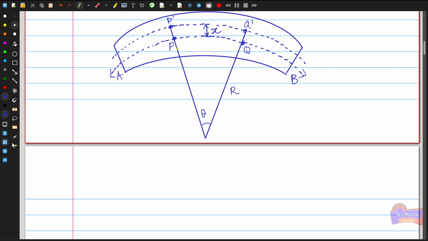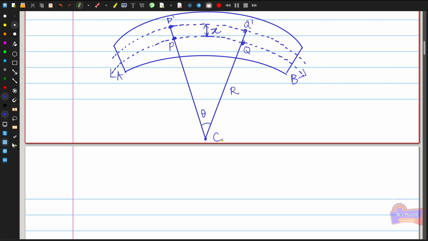Okay, so we are going to consider two points, P and Q, in the neutral axis. R is the radius of curvature of the neutral axis, meeting at this point.